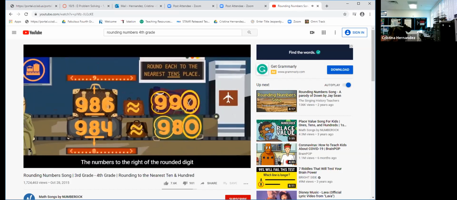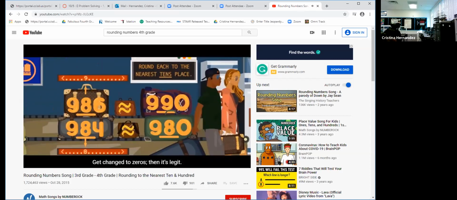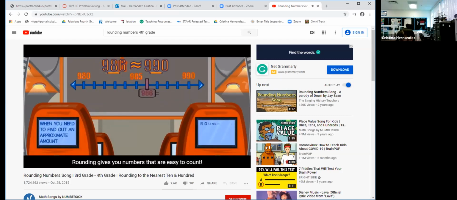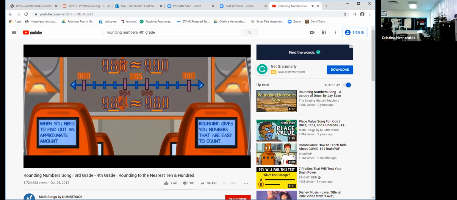The numbers to the right of the rounded digit get changed to zeros, then it's legit. When you need to find out an approximate amount, rounding gives you numbers that are easy to count.